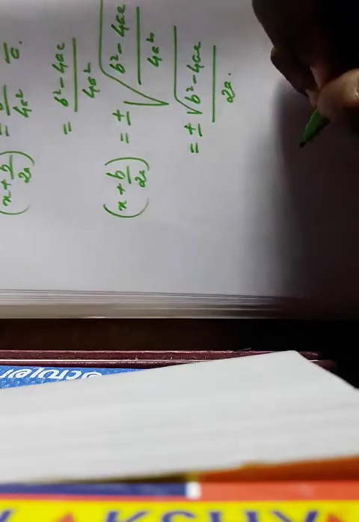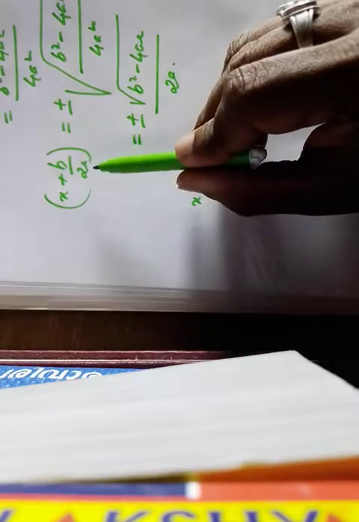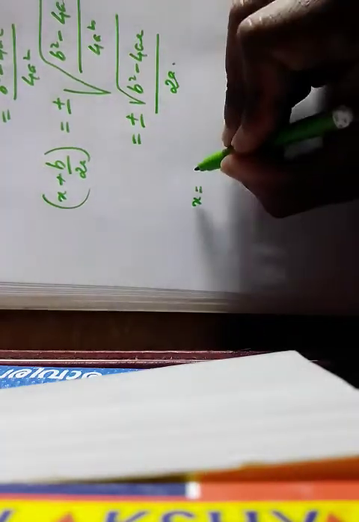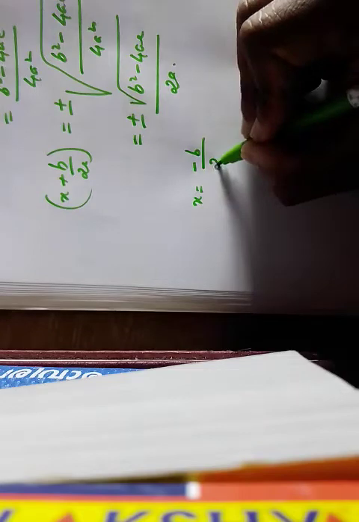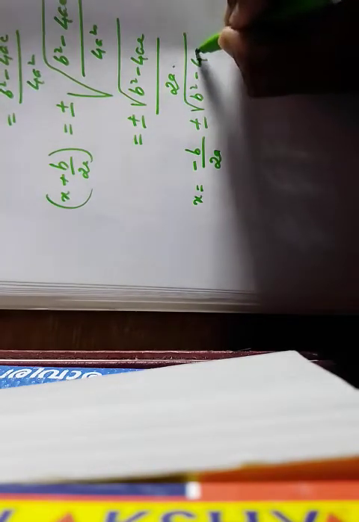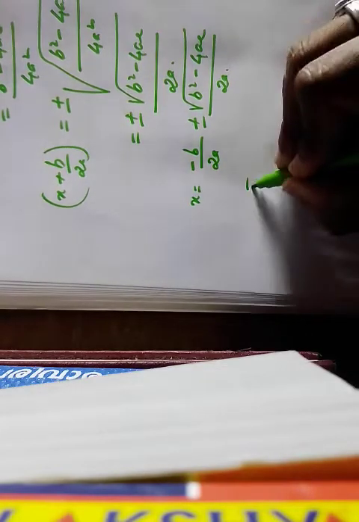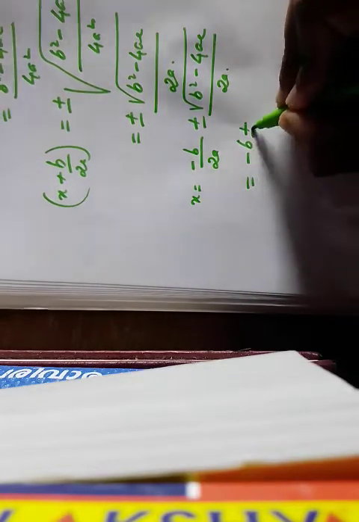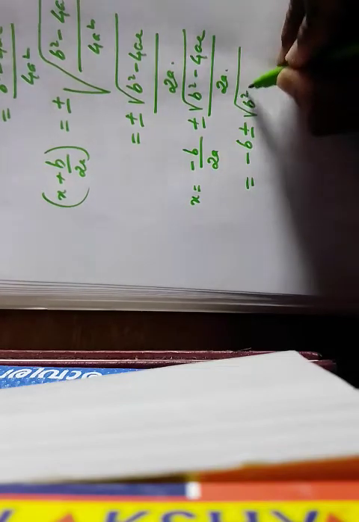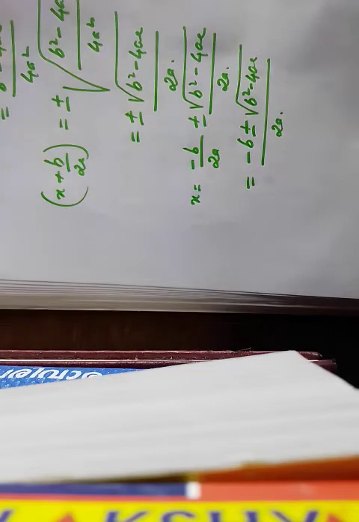Therefore x is equal to, taking the LHS term to the right hand side, minus b by 2a plus or minus under the root of b square minus 4ac by 2a, which is equal to minus b plus or minus under the root of b square minus 4ac the whole divided by 2 into a. Now we can find the two roots.